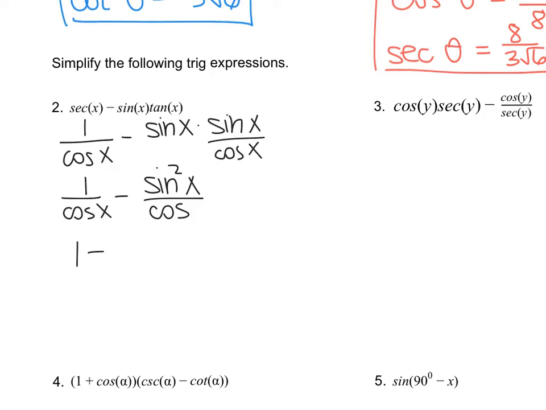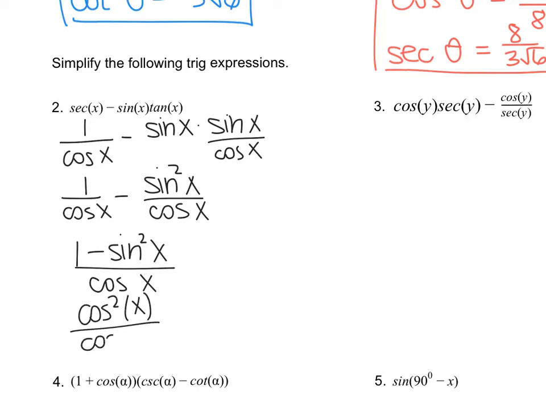So we get 1 minus sine squared of x all over cosine of x. Now 1 minus sine squared of x we can replace using the Pythagorean identity. It gives us cosine squared of x over cosine of x. Cosine squared divided by cosine, one cosine will cancel and we'll be left with cosine of x, which is our simplified expression.